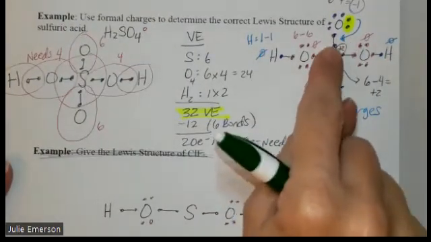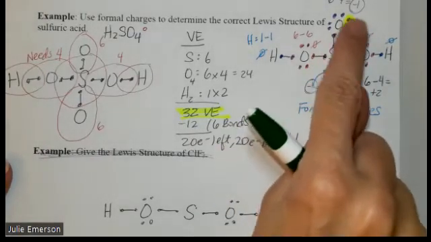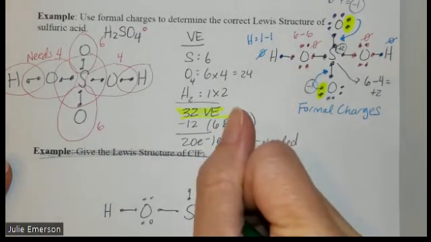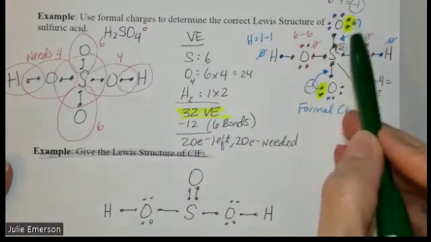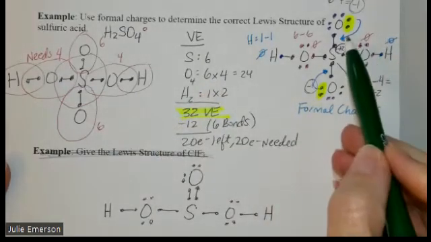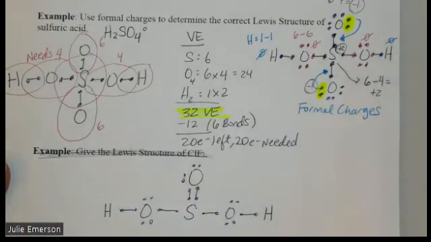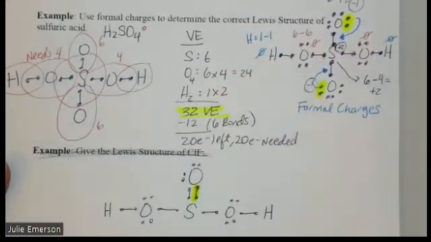The oxygen on top, though, we had a single bond, but we're moving that lone pair to become a bonding pair. So instead of a single bond, we're now going to have a double bond. And that oxygen, instead of having 3 lone pairs, is now only going to have 2 lone pairs. So we took that lone pair and made it the bonding pair. I'm going to highlight it so you can trace where it went. That's where that lone pair went. It became a bonding pair.